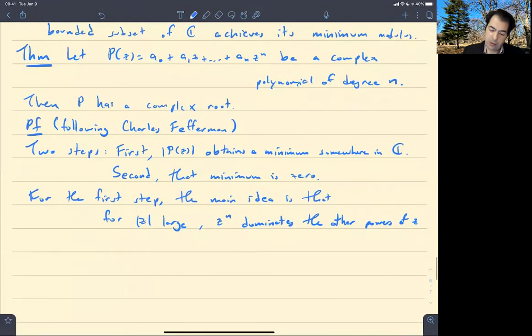So this polynomial, you have a bunch of coefficients, but if Z is really large, then this Z to the n is so large that I really don't care what the other coefficients are doing. This polynomial is really behaving just like a n z to the n.